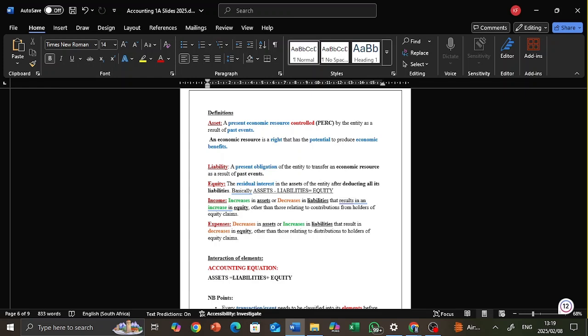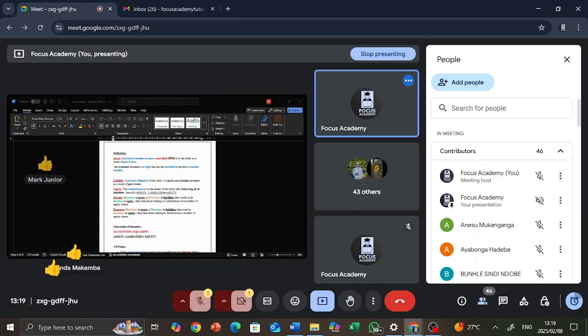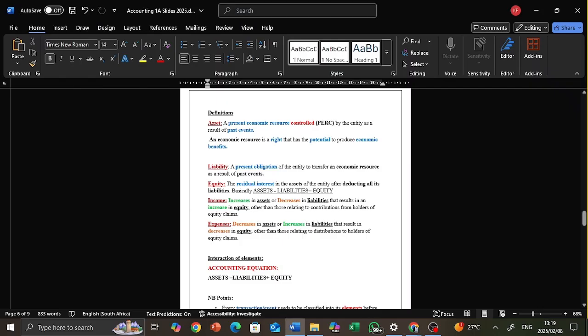As a result of past events, you will have to state what event led to this asset falling under the control of the reporting entity. Does that make sense? Okay, perfect. Right?